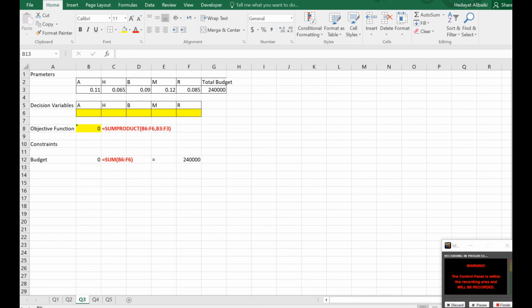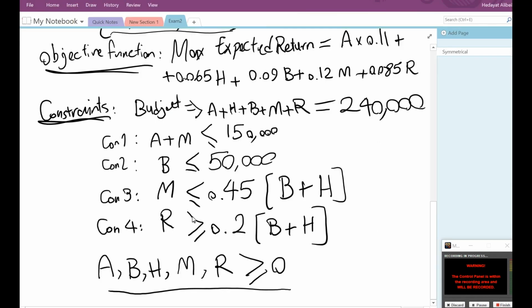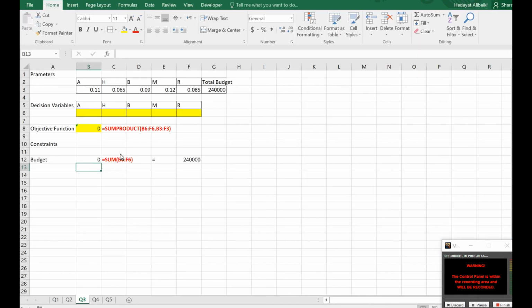Next constraint, A plus M, the total money invested in agriculture and manufacturing should not be more than 150. So agriculture and manufacturing should be less than or equal to 150.